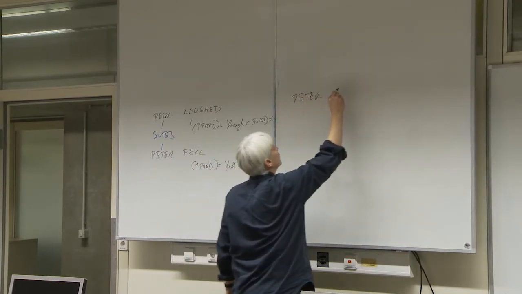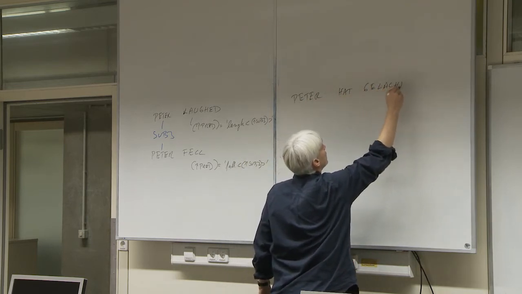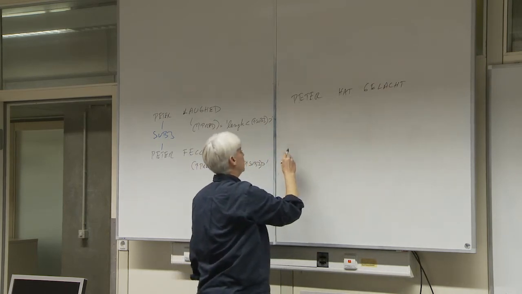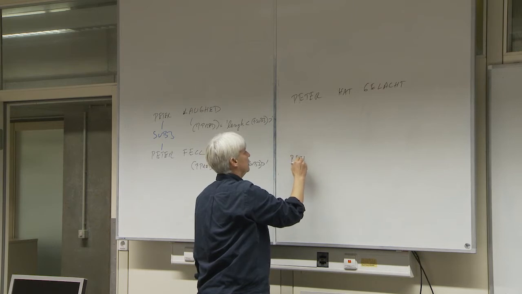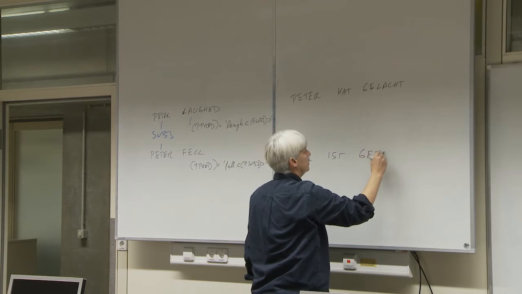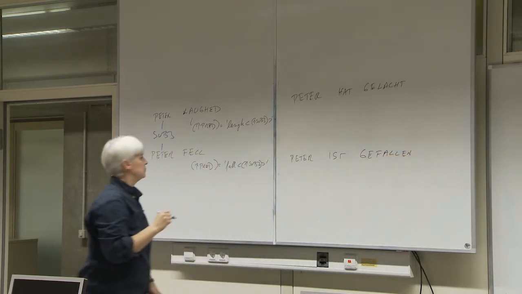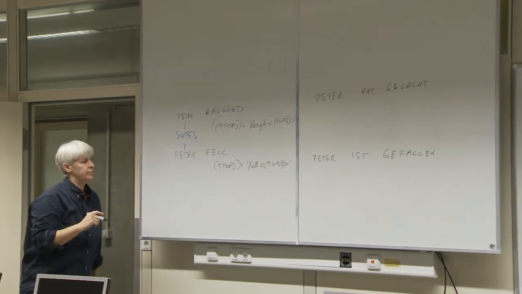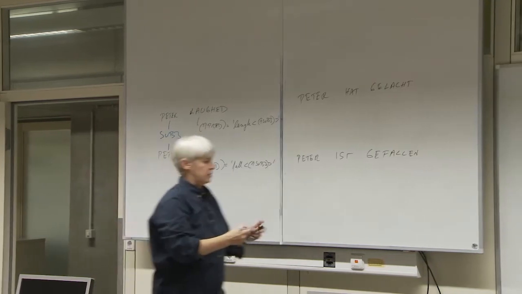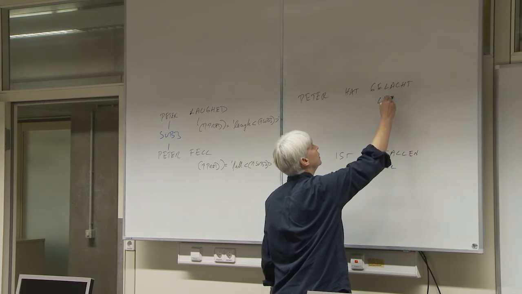Peter hat gelacht is the equivalent of Peter laughed. Peter has laughed. Peter ist gefallen is the equivalent of Peter fell. Or hingefallen; hingefallen is better, but it doesn't matter. So this is fell. This is laughed.